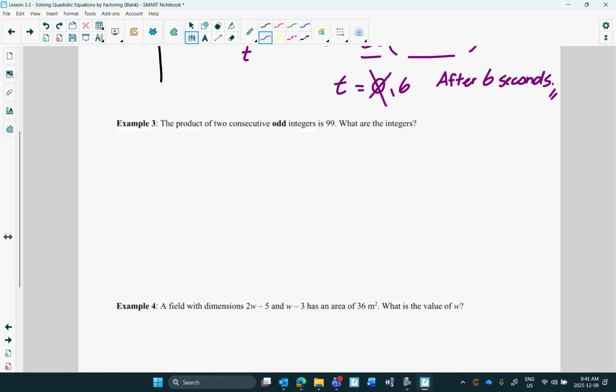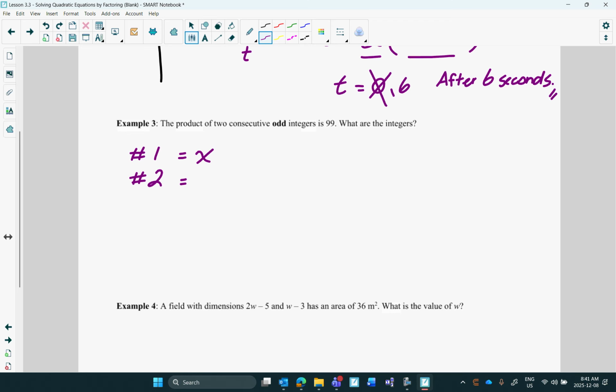Well, just like it's not a max min problem, so we're not finding the vertex. We've got to do a quadratic equation, but we still set it up the same way. We call one of our unknowns x, because we don't know what it is. We can't call the second one y, because we can't use two different variables.